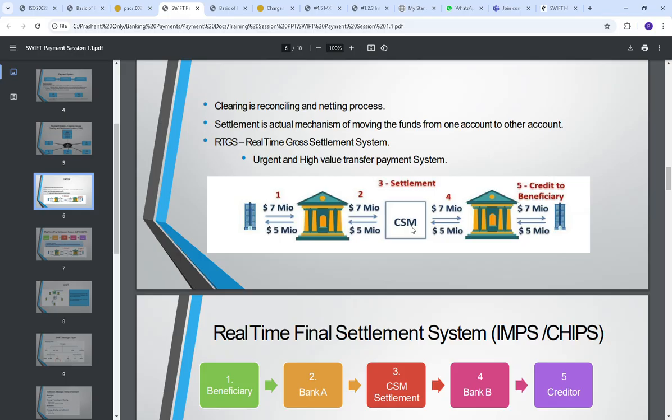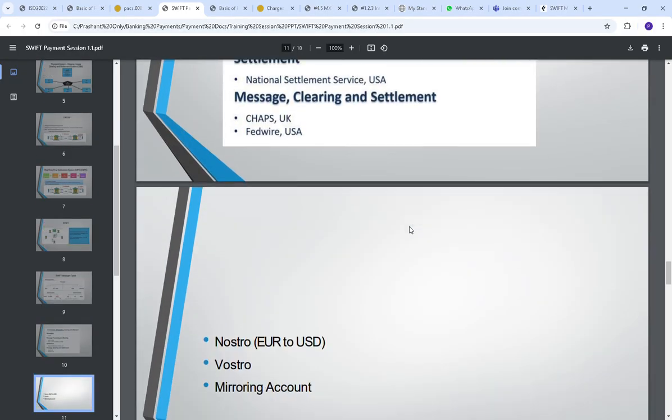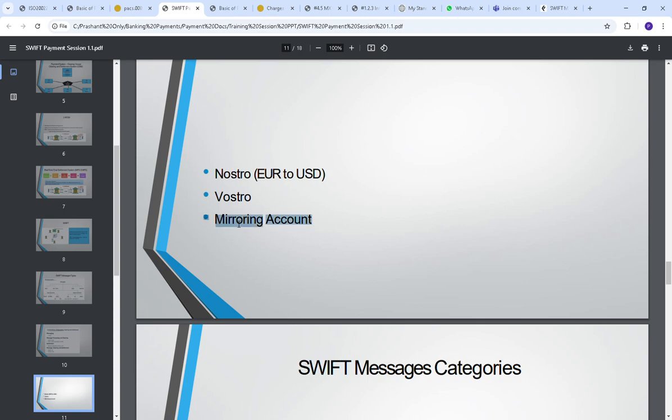So 7 million is credited to the CSM, and that record is maintained in bank A. That is called a mirroring account. Simply, whatever is given to the CSM, the record of that is maintained in the bank. It is like a shadow. That's called a clearing account.